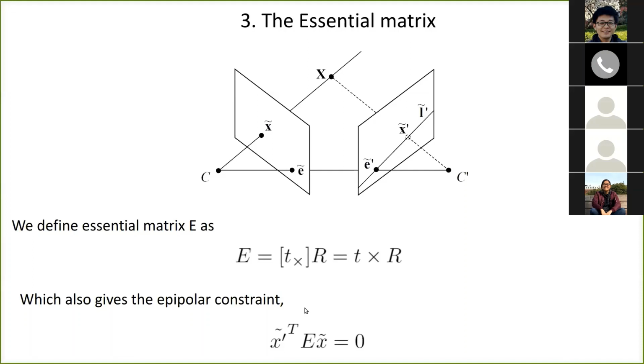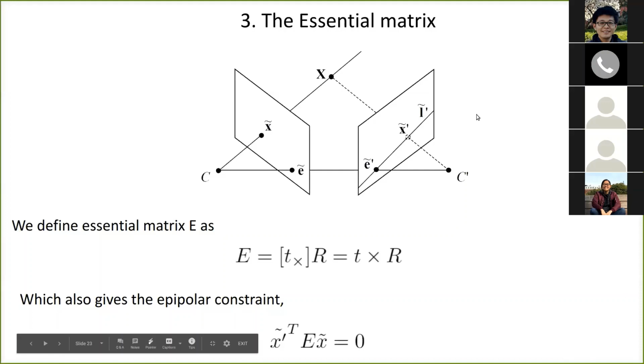If we have the essential matrix, we can do a singular value decomposition, and then we get the translation and rotation.